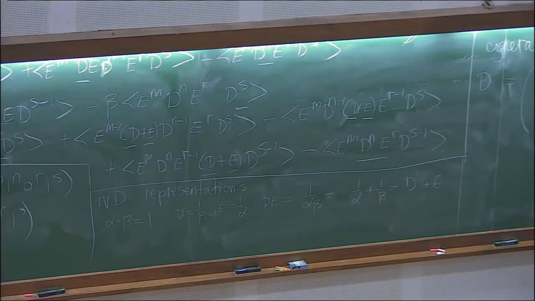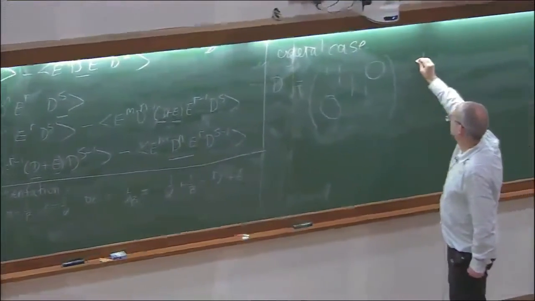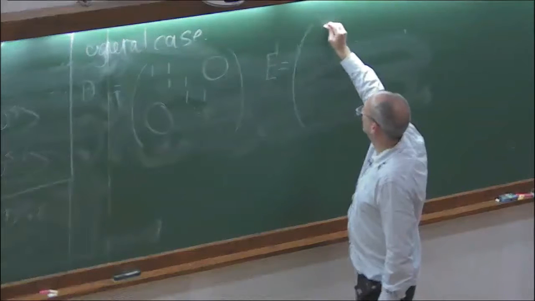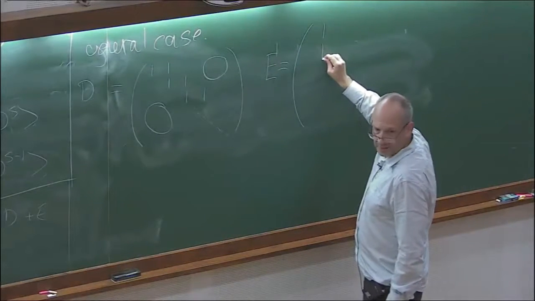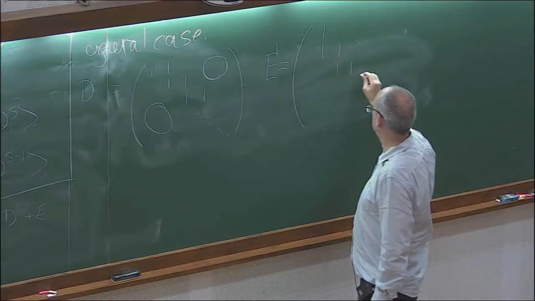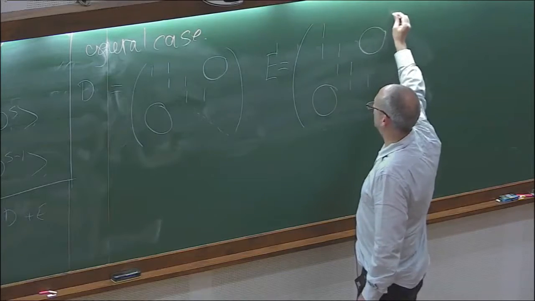And similarly, it's 1 along the diagonal, and 1 on the superdiagonal. So just 1, 1, 1, and then zeros everywhere else, and so on. And E, similarly, I put a 1 down the diagonal and 1 on the subdiagonal. So I've got 1s, and then zeros everywhere else.